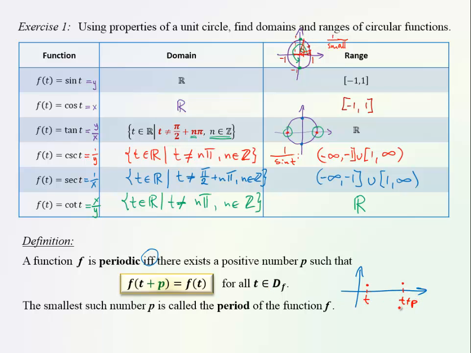Therefore, if this is t that we start with, the next one will be somewhere here, t plus 2p, and we'll have still the same value, and t minus p, and will have still the same value. So that's the idea of a function being periodic. Now, if we choose the smallest such p that our function will have this property, the smallest p is called the period of our function.